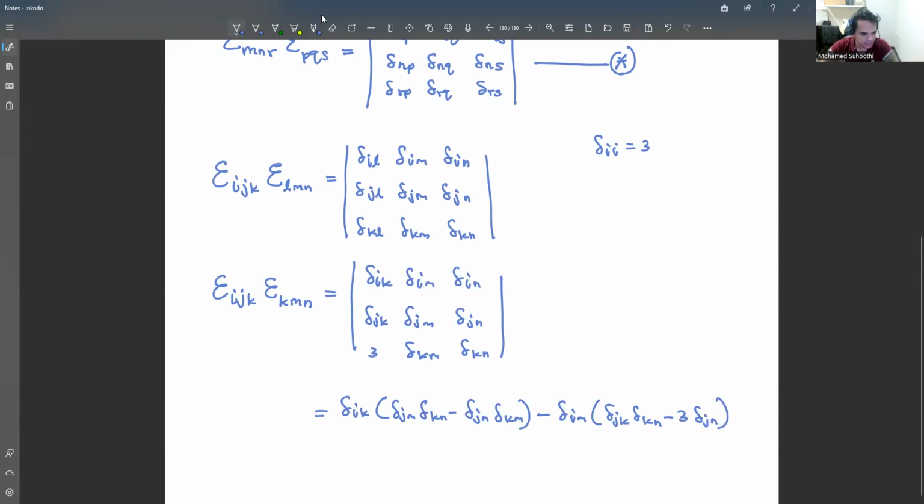The last one, delta IN, here these two: delta JK, delta KM minus 3 delta JM, right? Now I can simplify.